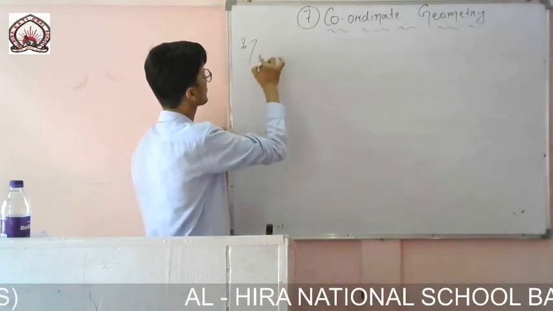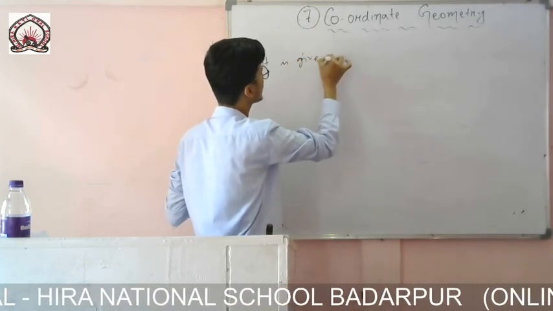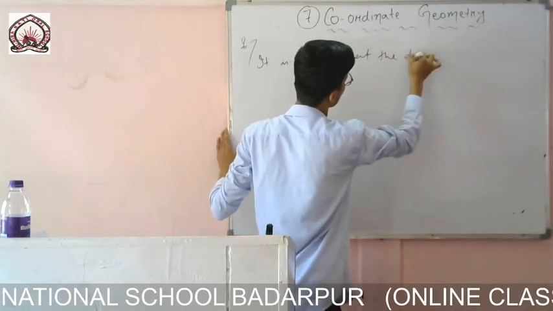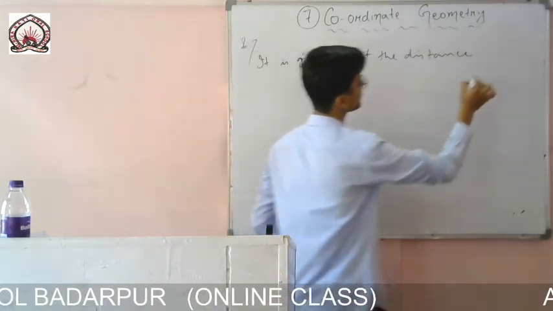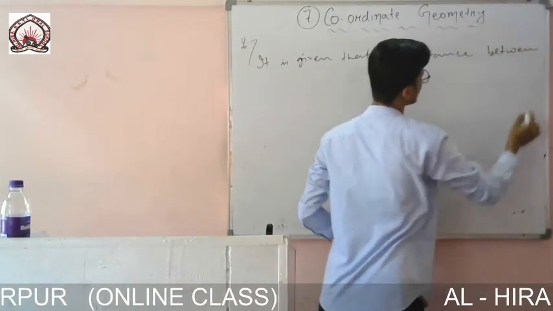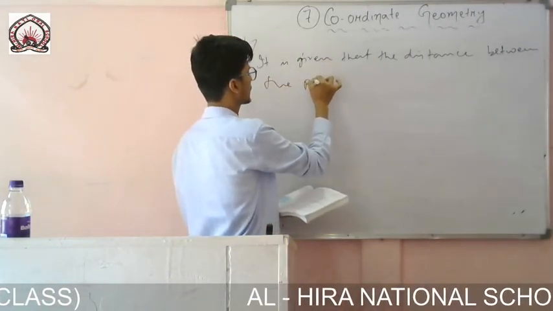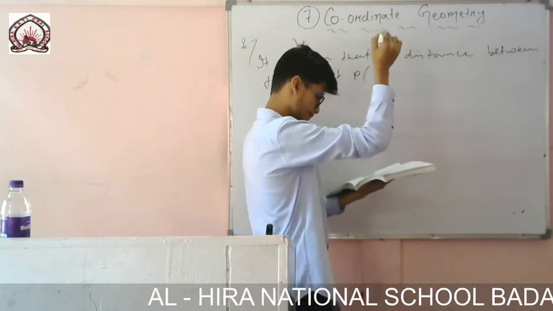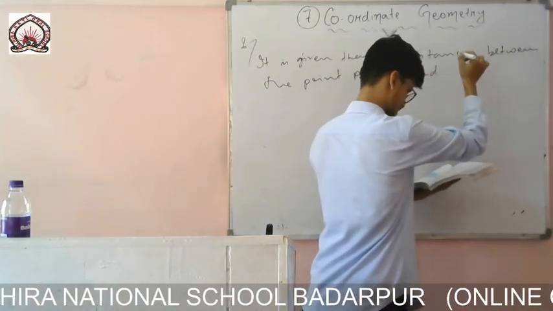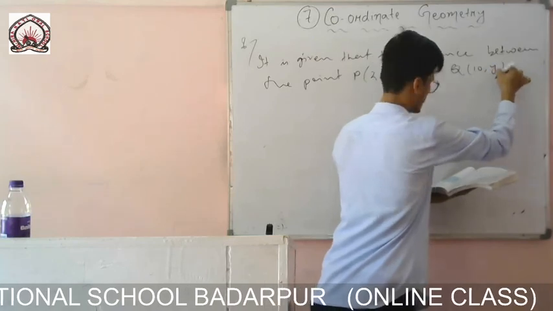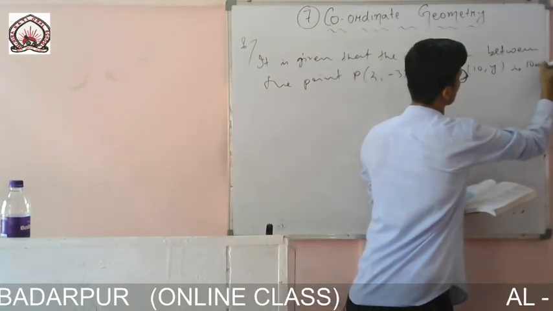Solution: it is given that the distance between the points P, which is (2, -3), and Q, which is (10, y), is 10 units. So it is given in the question, so we'll just use this and we'll find it very easy.